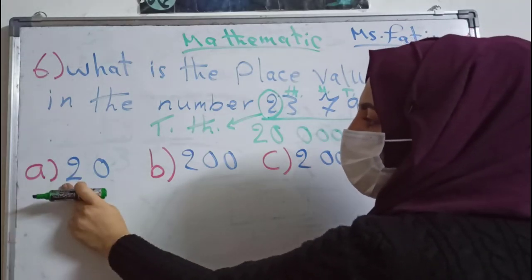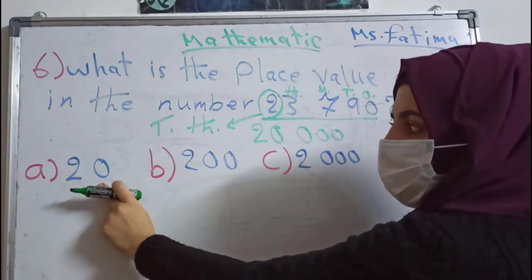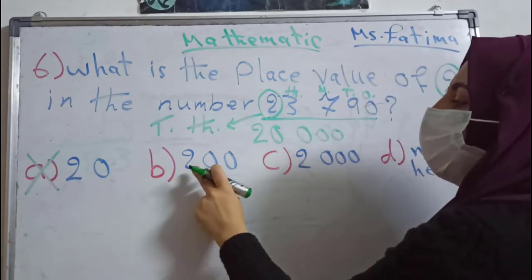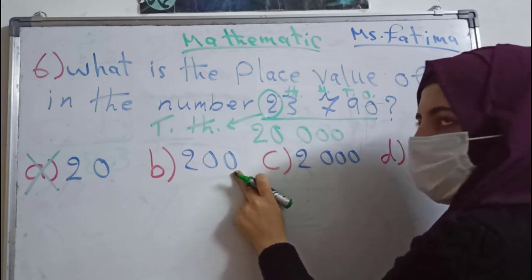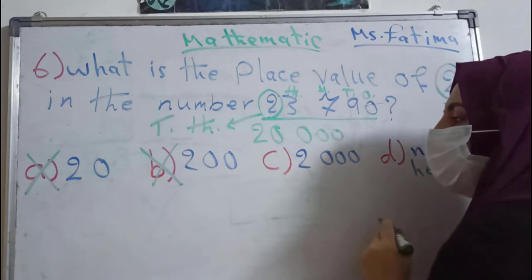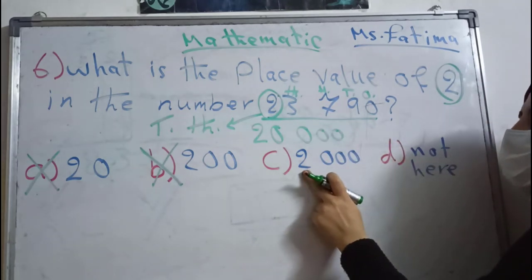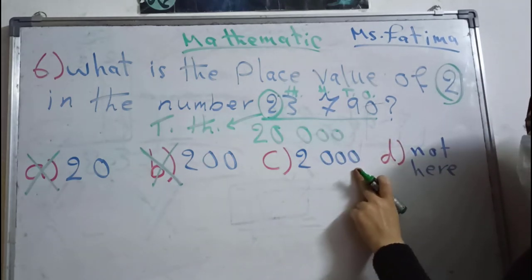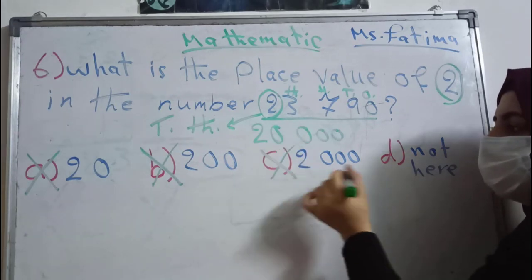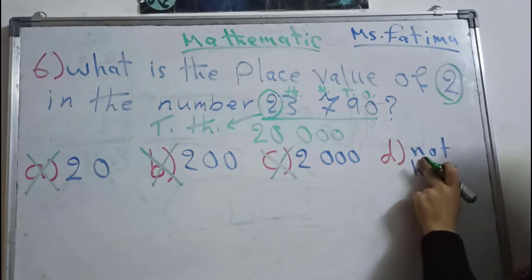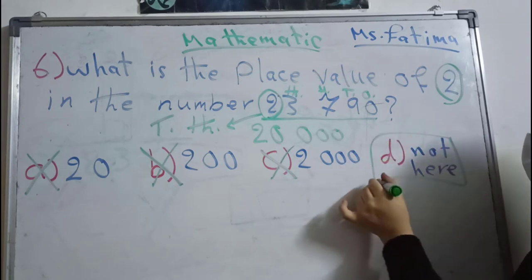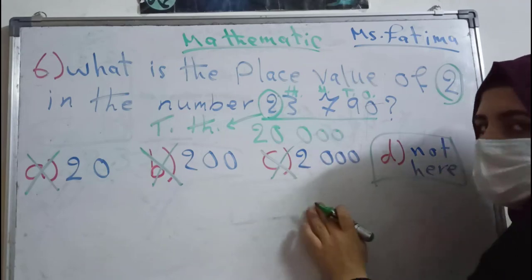We write there 2 with adding 1 zero, it's 20, then A is not true. In B, write 2 with adding 2 zeros, it's like 200, then B is not true too. In C, write there 2 with adding 3 zeros, it means 2,000, then C is not true too. In D, write not here. Yes, of course, we choose D because it's not here.